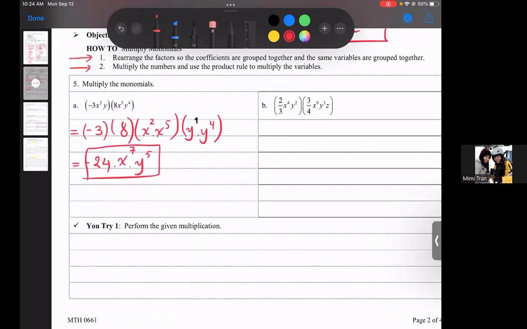You gotta try b. Just a few seconds, see what happens. So you're going to group the numbers together. And then the letters.